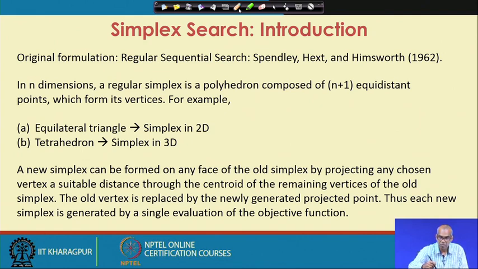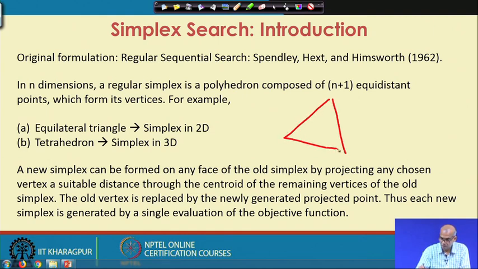So, what is meant is, if you have a 2D simplex which is an equilateral triangle, a new simplex can be formed from this simplex by projecting any chosen vertex a suitable distance.